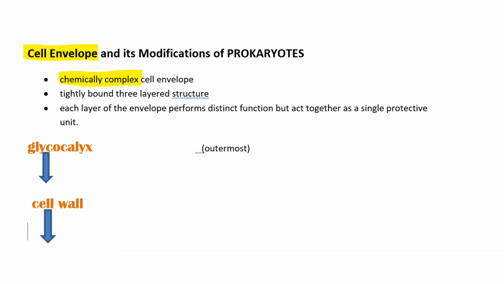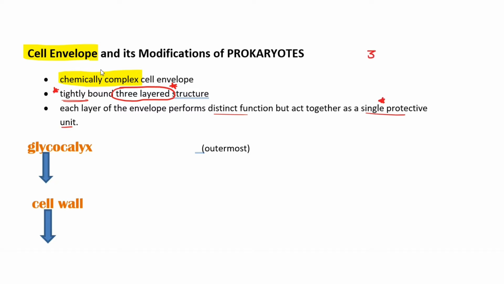So let's see what it is. Prokaryotes have a chemically complex cell envelope, and I said it's chemically complex because it is composed of three layers tightly bound. All the three layers are tightly bound, and each layer performs a distinct function.